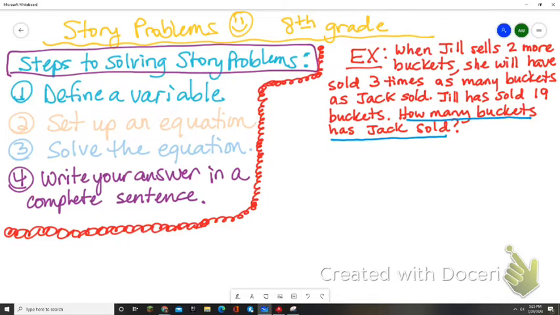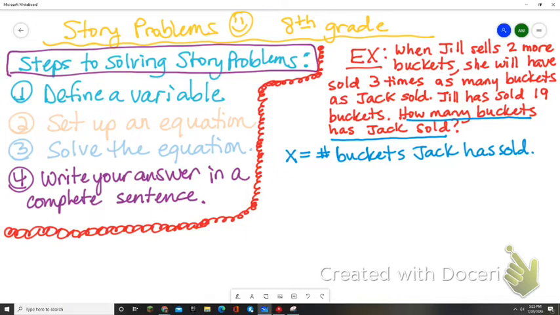So my unknown I'm going to let be x. So x is the number of buckets Jack has sold. You always want to start by defining your variable so we know what you're talking about when you get your answer.